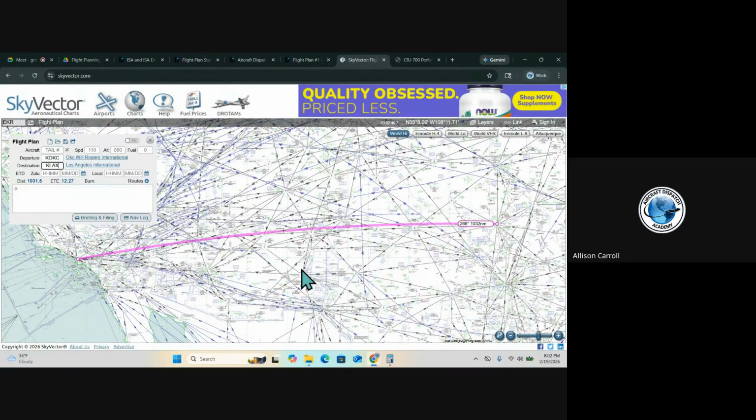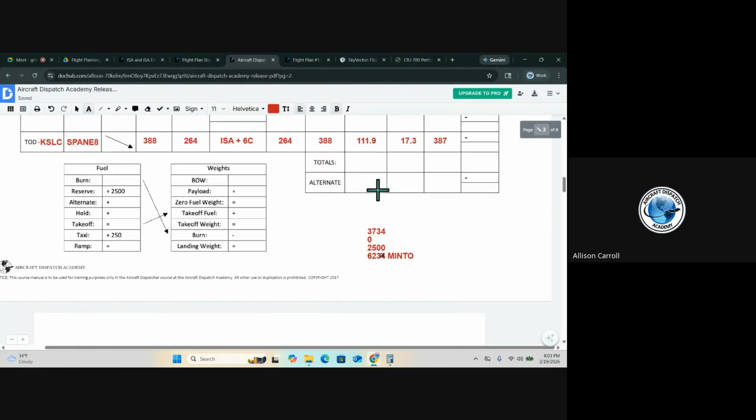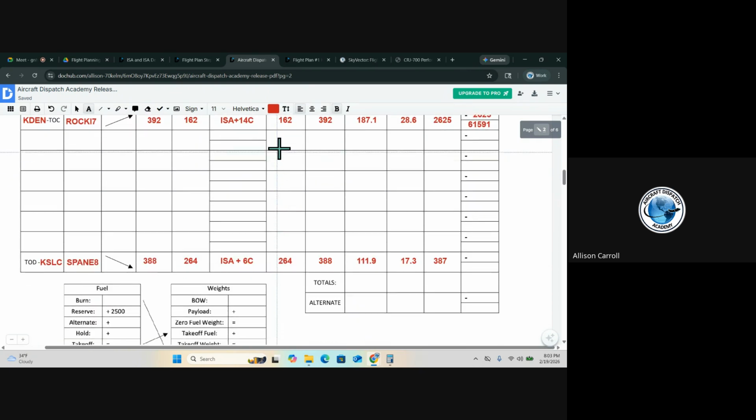So what we do is we say, on your longer routes, during your cruise portion, wherever you hit top of climb and top of descent, chunk that up a little bit smaller, because then we're going to do performance numbers for those segments in here, and we're going to get a lot more accurate performance numbers as far as your fuel burn and your time.